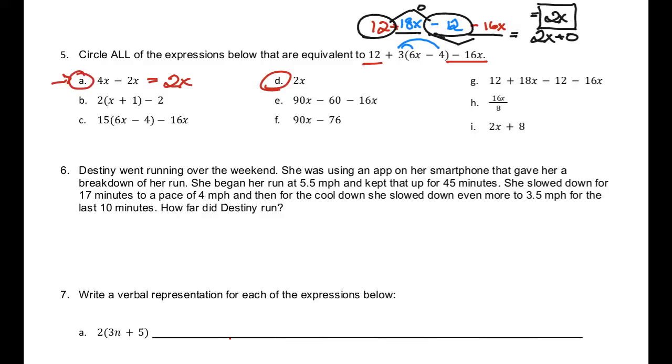Letter B, what happens when I distribute that? What do you get? 2 times quantity x plus 1 gives me what? Come on, distribute for me, please. What's 2 times x? 2x plus, what's 2 times 1? 2. And then outside of that, we have this minus 2.